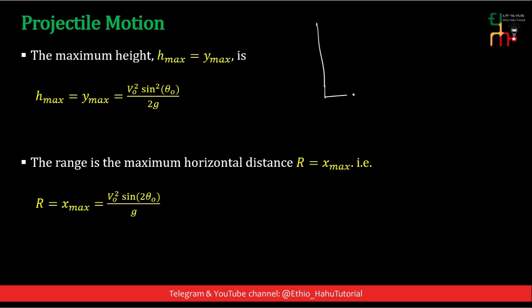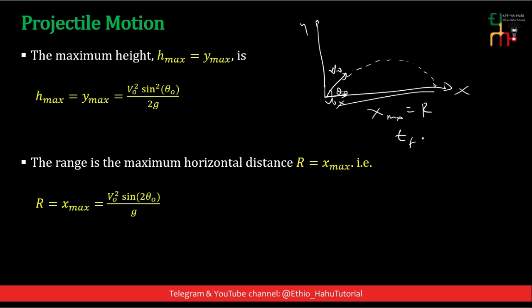This is the x-axis, this is the y-axis, this is v naught, this is the range, x max, this is theta naught, this is v naught x. The time required by the projectile to move from this point to this point is Tf, twice v naught sine theta naught divided by g.